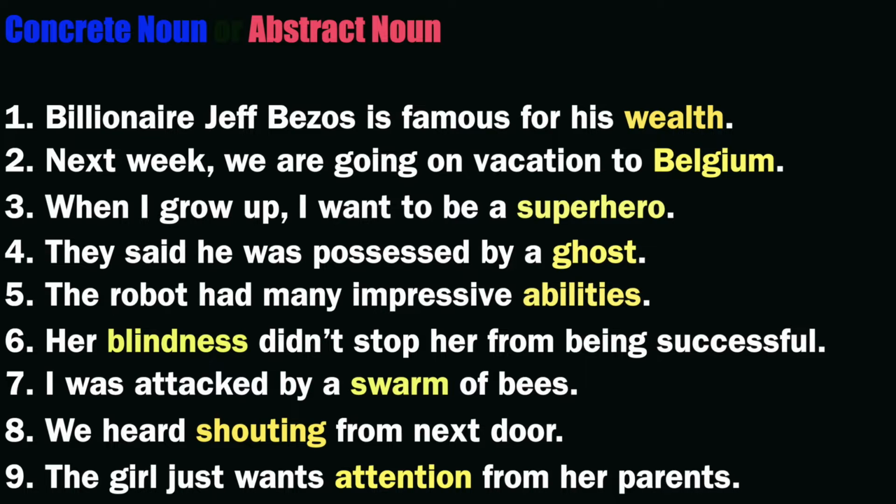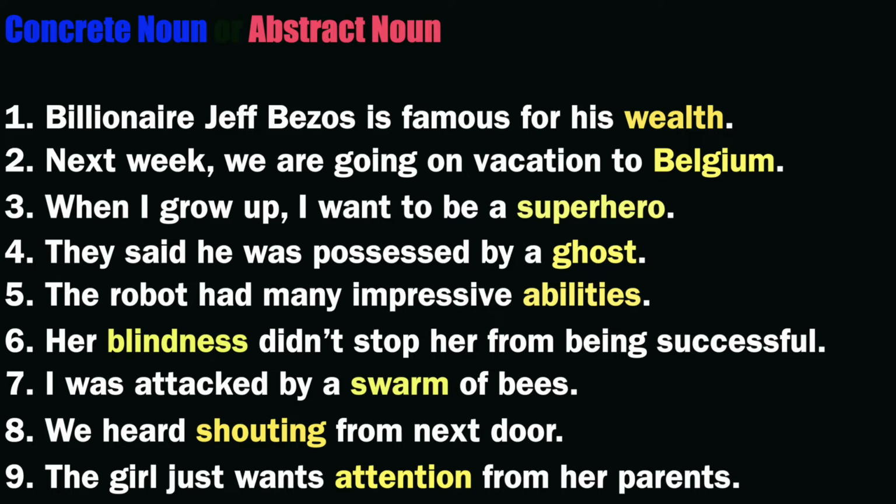Number 2, next week, we're going on a vacation to Belgium. Number 3, when I grow up, I want to be a superhero. Number 4, they said he was possessed by a ghost. Number 5, the robot had many impressive abilities.